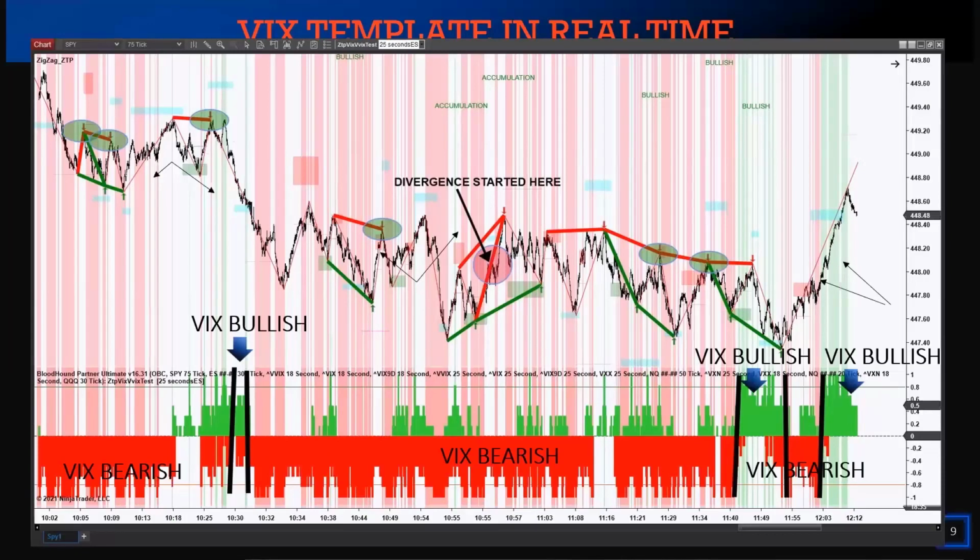It's very easy, because the way I designed this signal is that half of the signal is coming from price and the other half is coming from the VIX components. So there's not just one VIX and one price. It's a little more complicated than that.